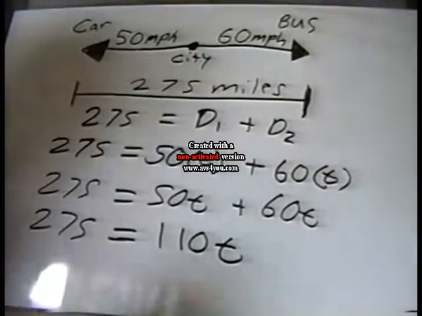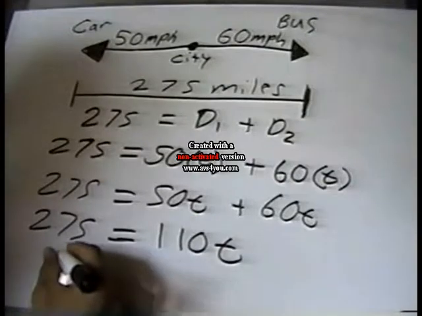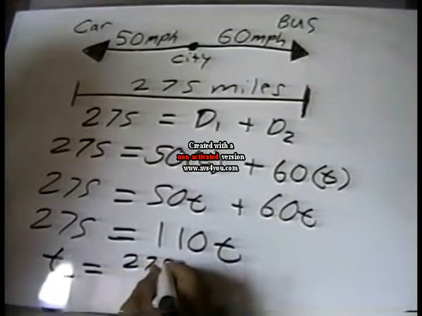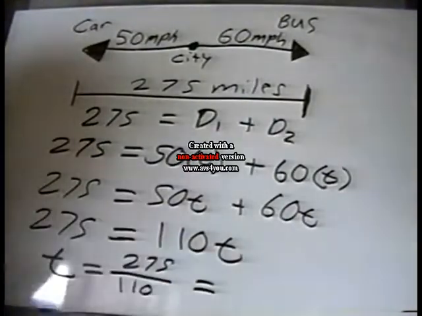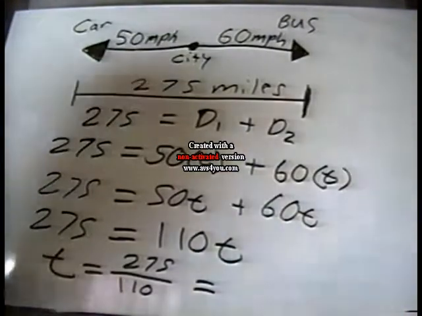Now all we have to do is solve for t. Now that's 50 times t, that's 50t plus 60t equals 275. So that's 50 plus 60t, 110t, which is time.